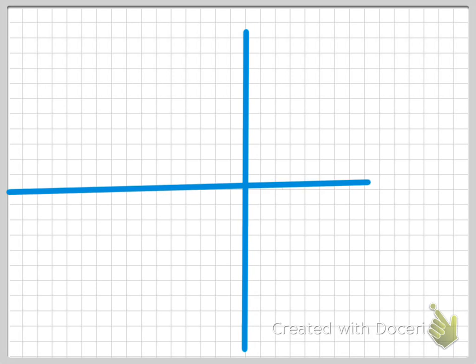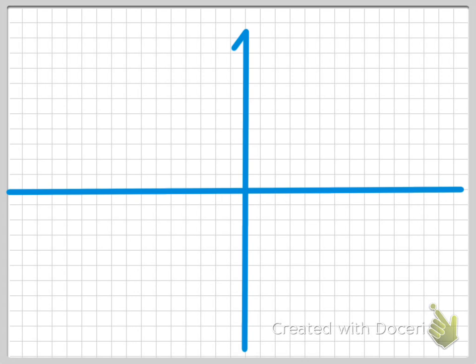So that makes me wonder about two special lines on our graph, the x and the y-axis. They're also just lines. The thing that makes them special is they cross at the special point in the middle, which is the origin.